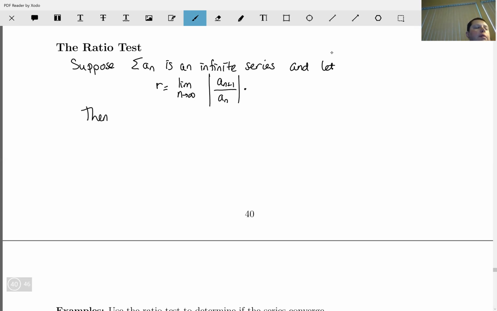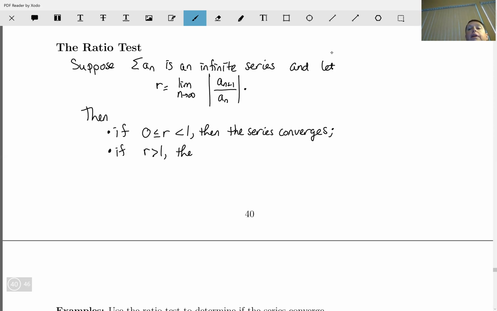Then here we go. If R is greater than or equal to 0 and less than 1, then the series converges. If R is larger than 1, then the series diverges.